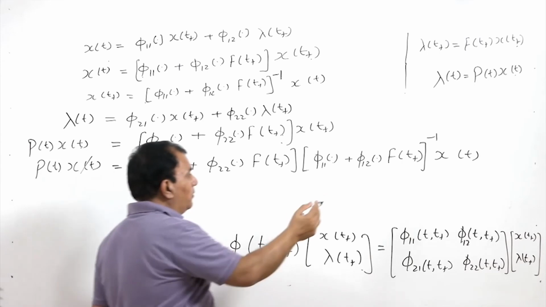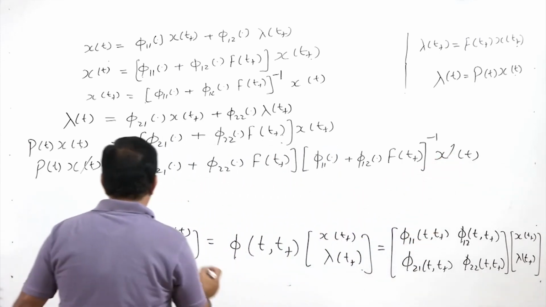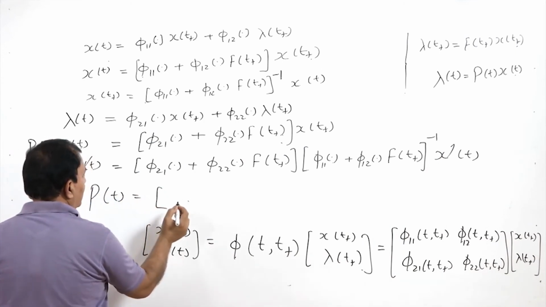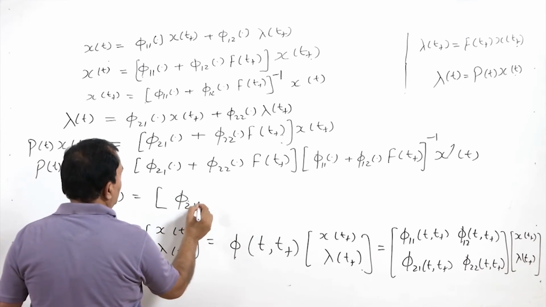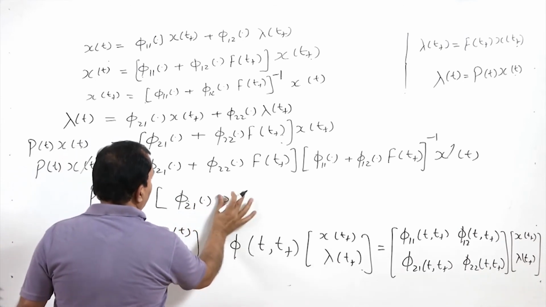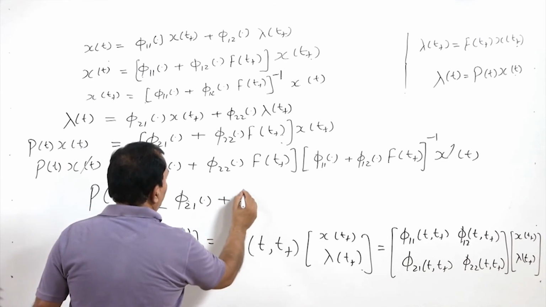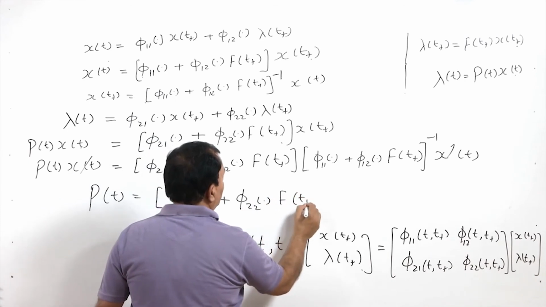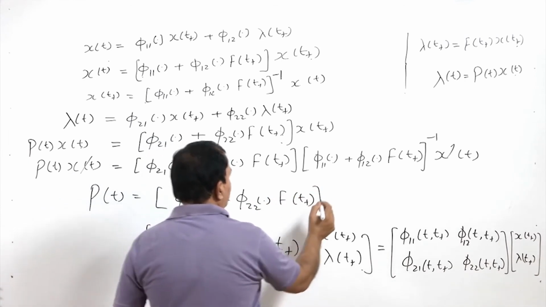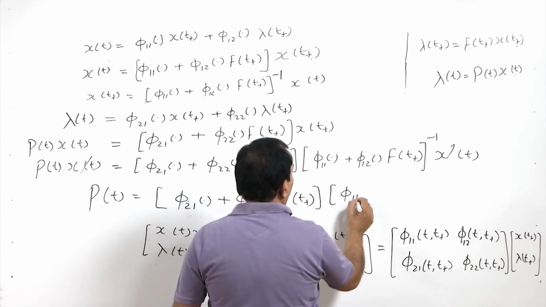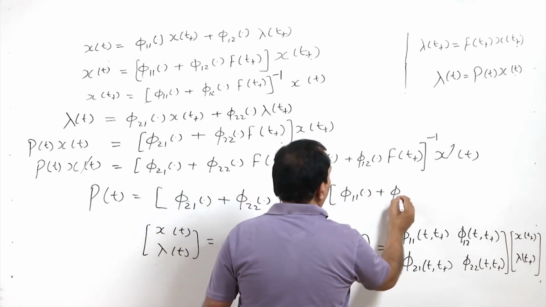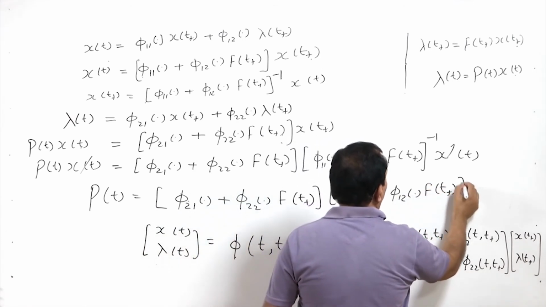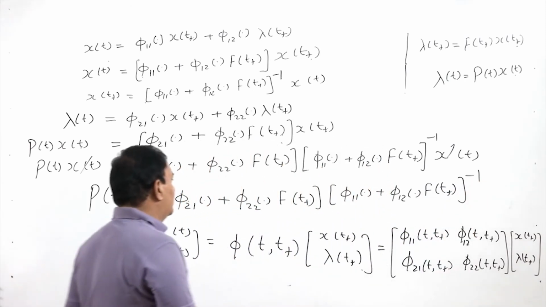x(t) we can cancel out from both sides. So my P(t) is nothing but phi 21 plus phi 22 f of t_f, phi 11 plus phi 12 f of t_f inverse.